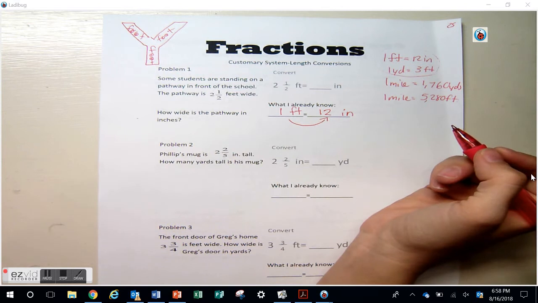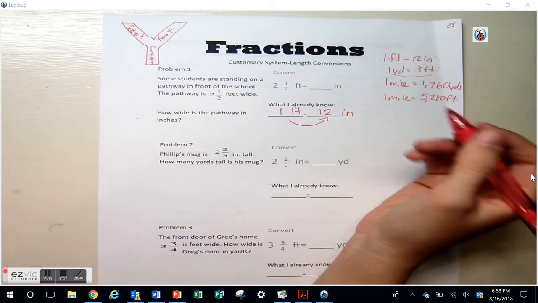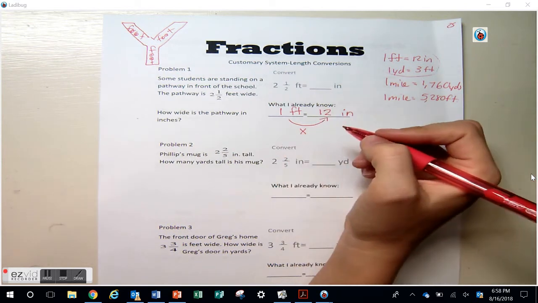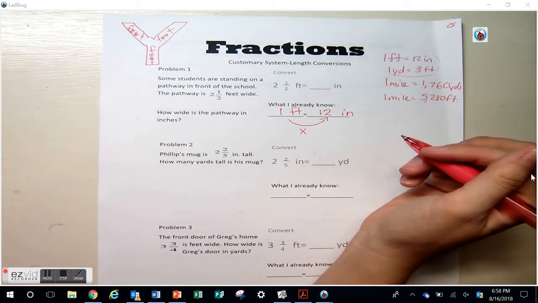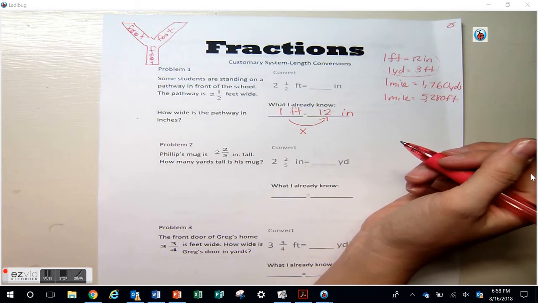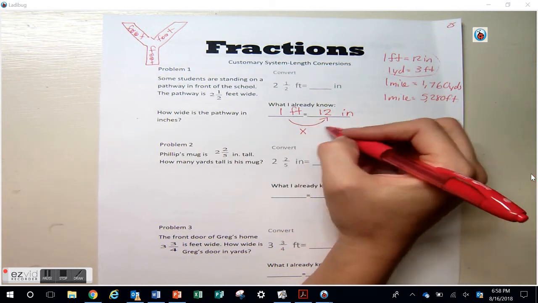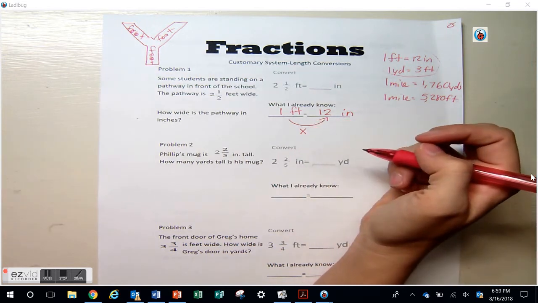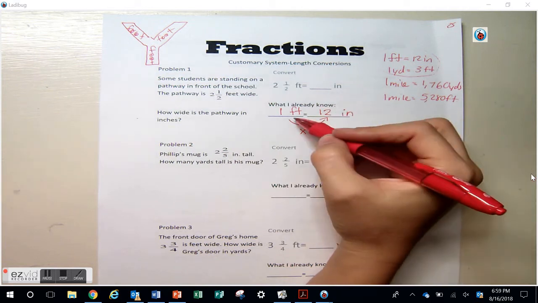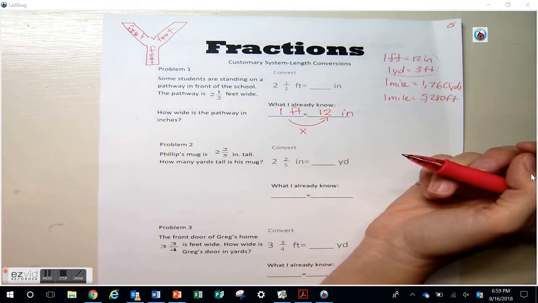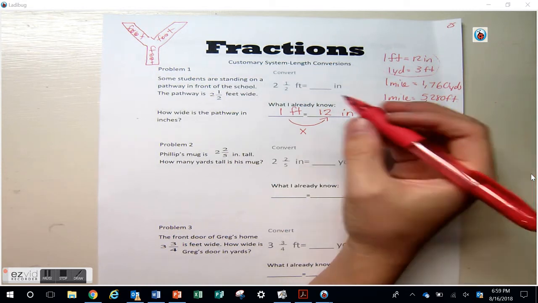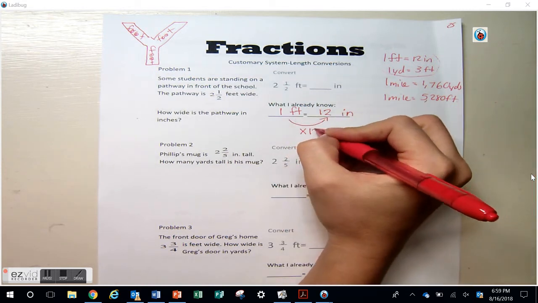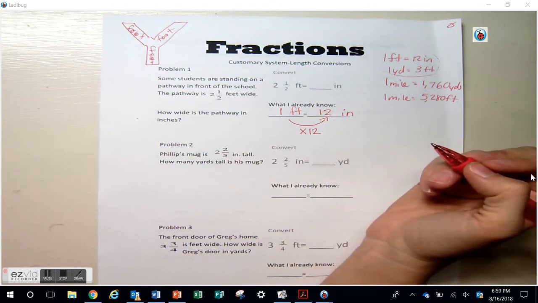Well, we're going to use a conversion factor to get from feet to inches. Today, we're only going to focus on multiplication. Down the road, we'll work on multiplication and division as conversion factors, but today we're only going to work with multiplication. What multiplication am I doing to get from 1 to the number 12? Well, I can multiply 1 times 12 to get to 12.